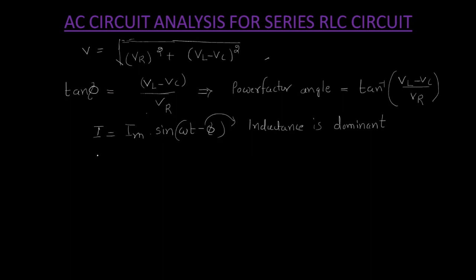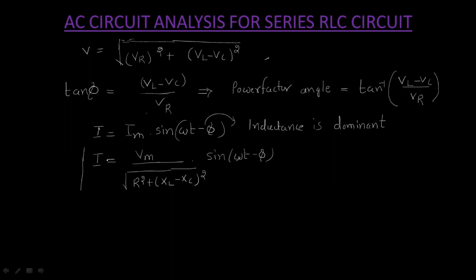The current formula is Vm divided by the square root of R square plus (XL minus XC) whole square, into sin(omega t minus phi). So this is the current formula.